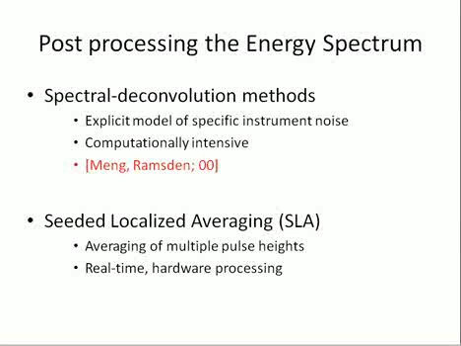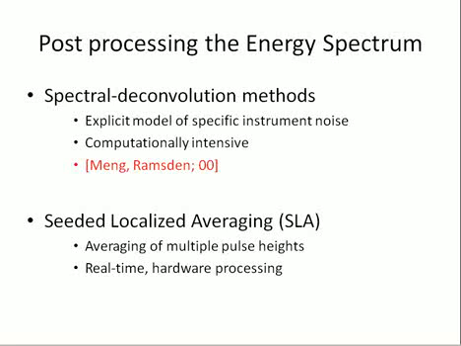So there are a number of methods in the literature for doing such post-processing of the spectrum. In particular, the main methods are what's called spectral deconvolution methods. And these work basically by modeling the input to the detector as a sum of the produced energy spectrum plus noise from the instrument, both of which are random variables. And then this instrument is actually getting the sum of those two random variables.